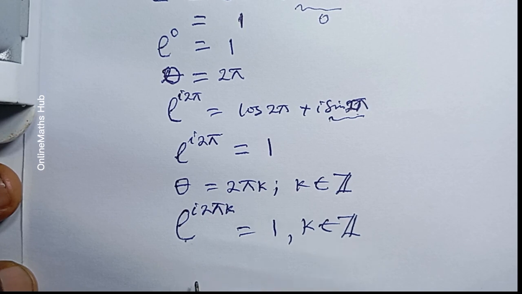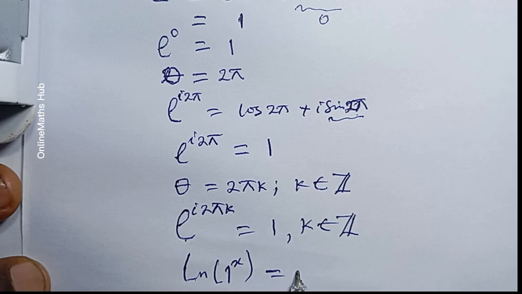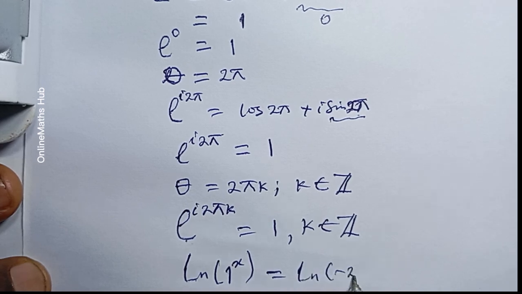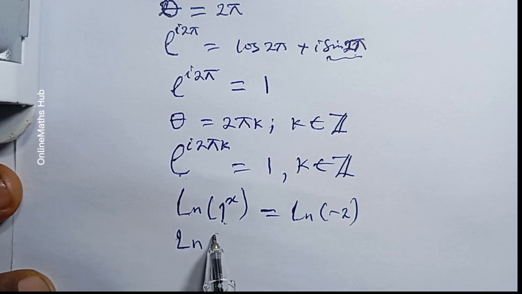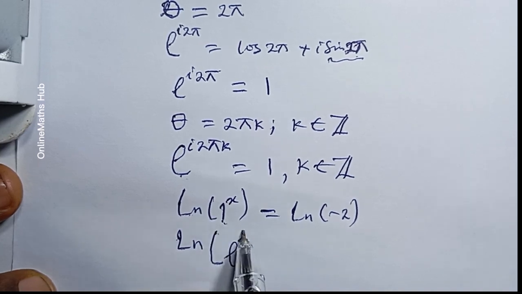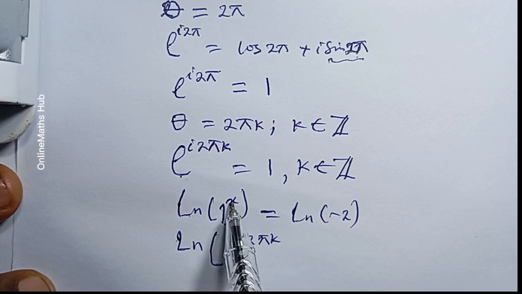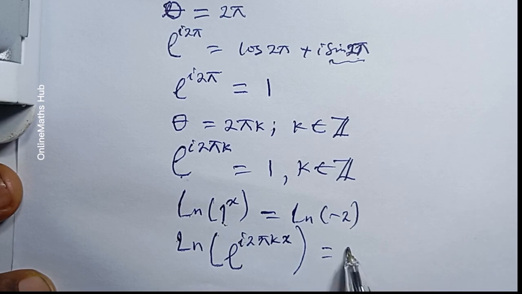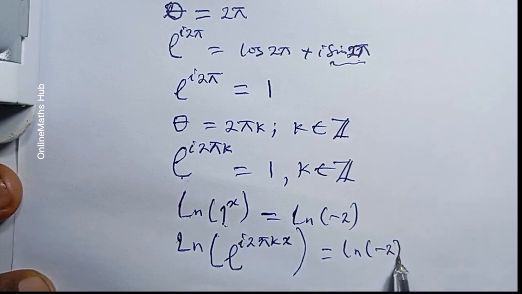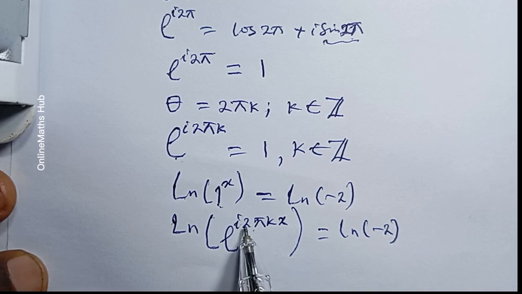So in this place where we have the natural log of 1 to the power x equal to the natural log of -2, I'm going to replace this 1 so that I have the natural log of e to the i 2 pi k, and I'm going to use this x to multiply this power, so I have x right here, equal to the natural log of -2. Applying the property of natural log, I'm going to bring down these powers right here.